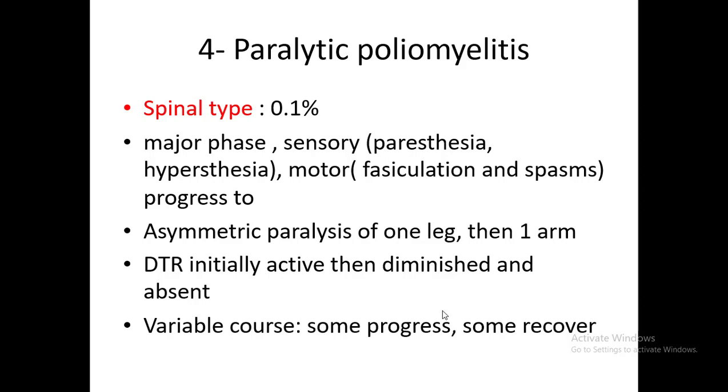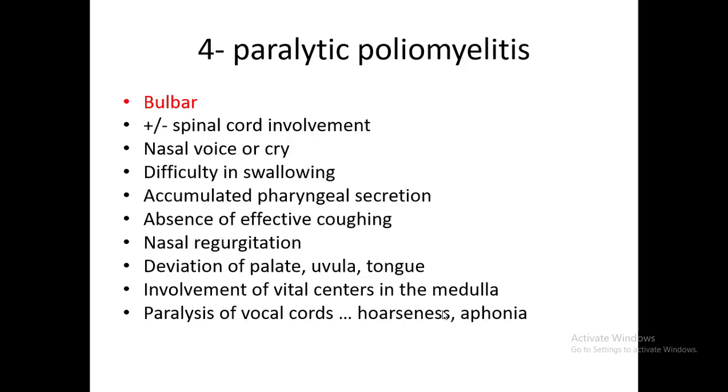First of all, there is irritability, there is paresthesia, and the next feature is the weakness of one limb. Deep tendon reflexes are diminished or absent at this period, and there is a variable course.